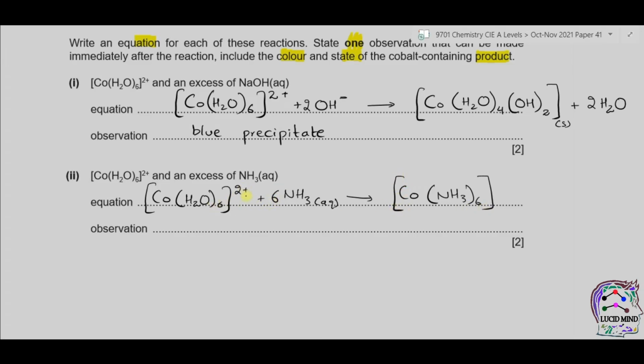As we can see that the charge was plus 2 and there is no charge on ammonia as it is neutral, so the charge will remain. Plus 6 water molecules that are replaced from ammonia. The color in this case is yellow and this is soluble, so therefore it is in the form of solution.